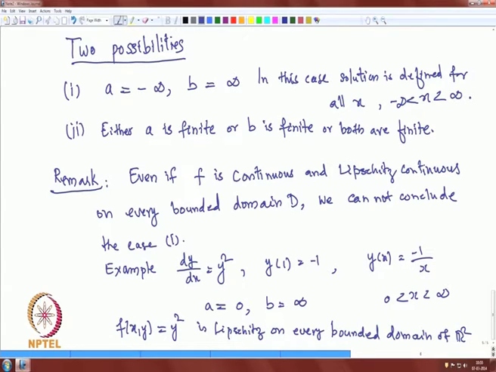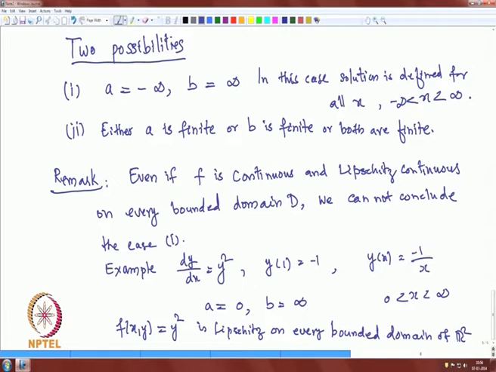If F is globally Lipschitz, then the solution can be extended to the entire x axis. But here the nonlinear function is not globally Lipschitz, it is only Lipschitz on bounded domains. So, if f is Lipschitz on an unbounded domain, then we can expect a larger open interval over which the solution of the initial value problem is defined.